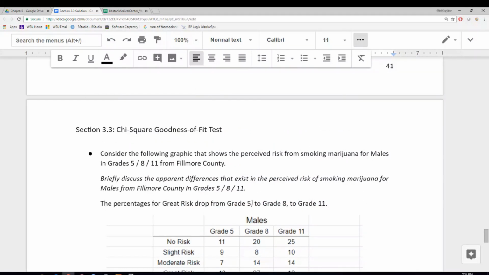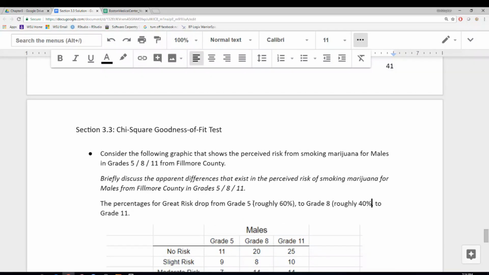It looks like it's dropping about the same amount each time. So roughly 60% here. Grade 8, it drops to roughly 40%. And then in grade 11, it's down to only about 20%.